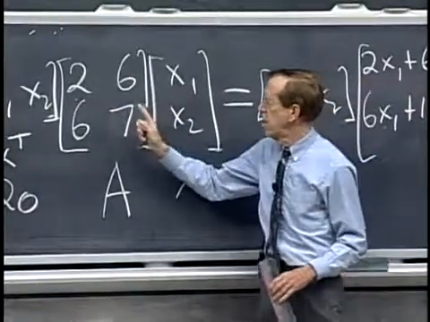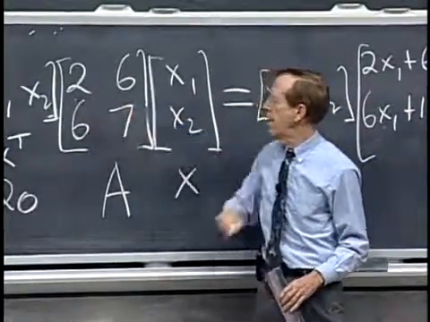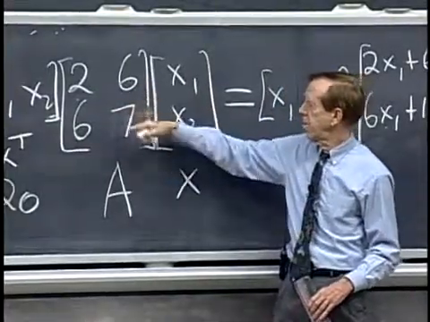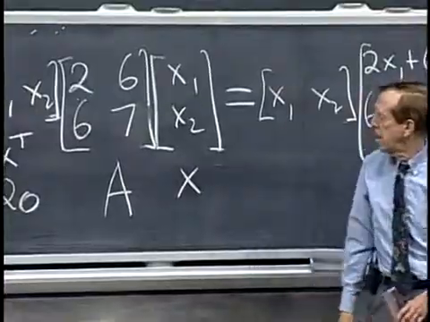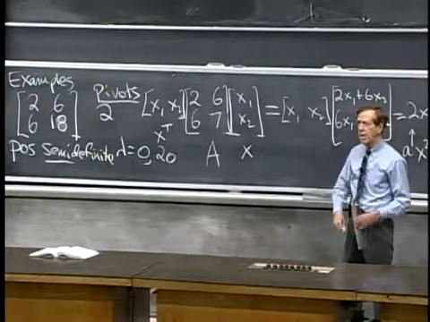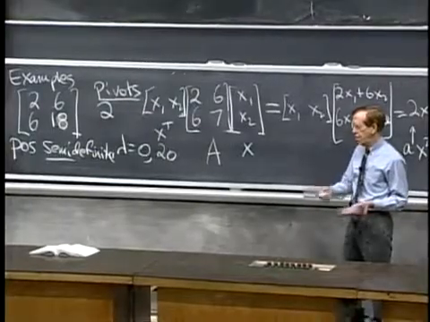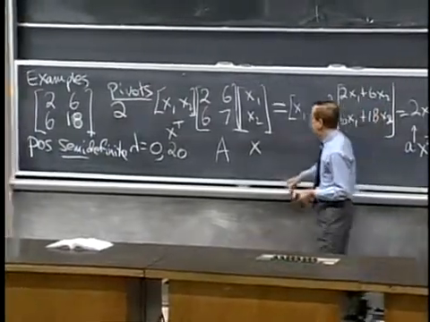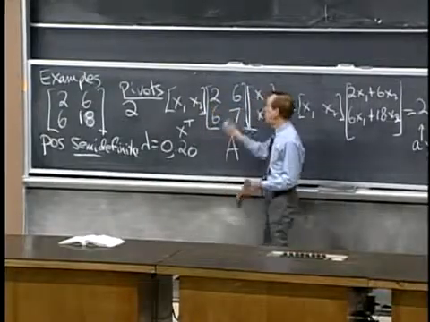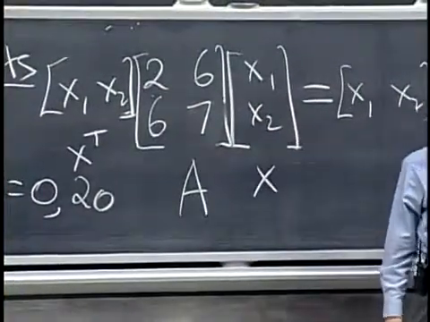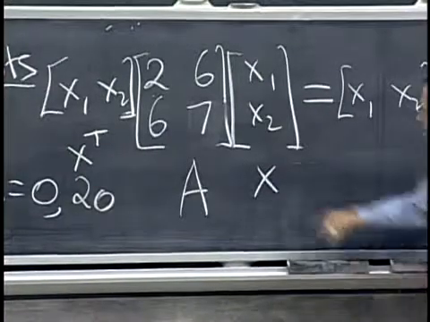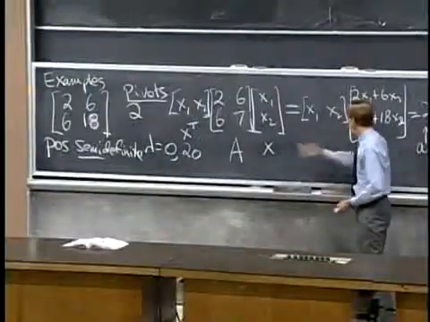Its pivots are 2, and then the next pivot would be the determinant over 2, and the determinant is, what's the determinant of this thing? 14 minus 36, so I've got a determinant of minus 22. The next pivot will be, the pivots now of this thing are 2 and minus 11 or something. Their product being minus 22, the determinant. This thing is not positive definite.